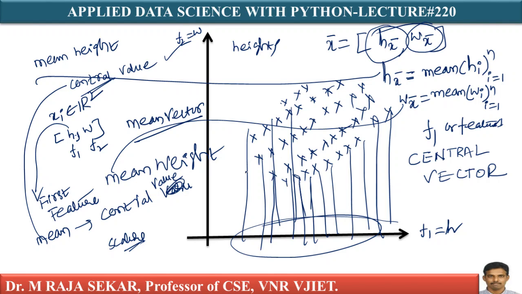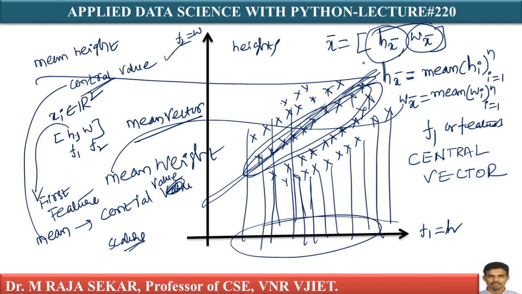Here this may be the central vector. If I take the mean of all these heights and weights, I get some sort of central vector. Just like the mean is the central value for scalars, the mean vector is a central vector. So that's the interpretation of the mean vector.